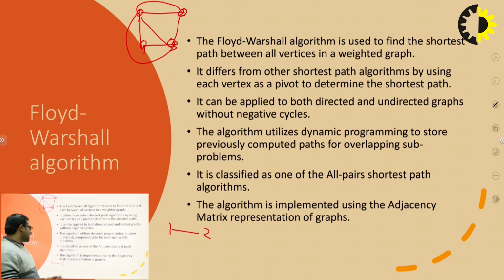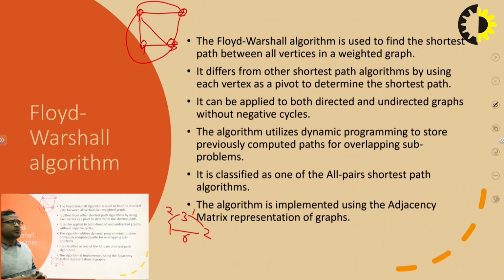We have to check whether, if I use a third node, the cost may be minimum. Suppose this cost is 6, and this is 2 and 1. If I go to 2 via node 3, the cost is 3. This is the way we are going to solve this problem.